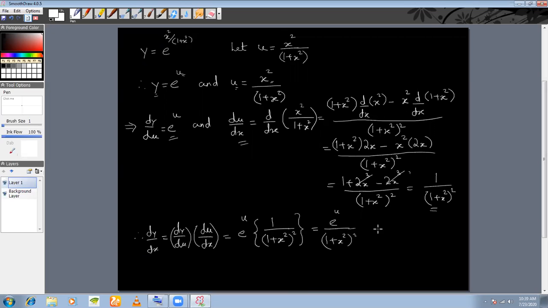And what is the value of u? Put the value of u, it is x square by 1 plus x square, divided by 1 plus x square whole square. So this is your answer. You understand?